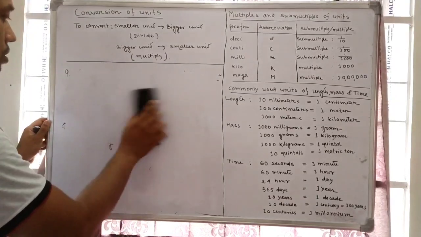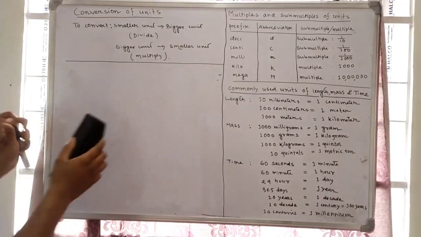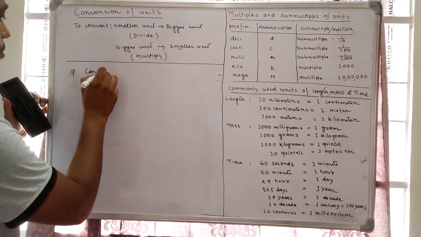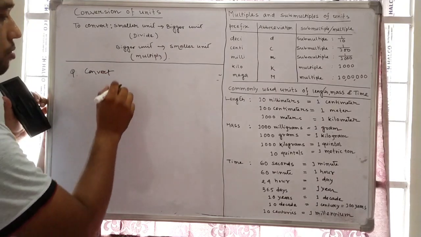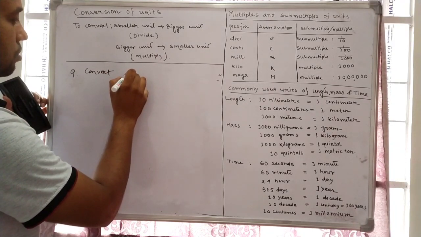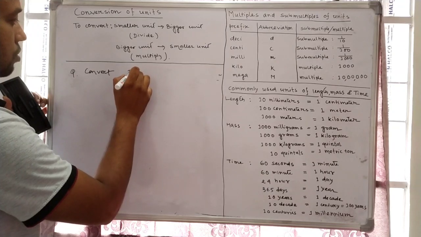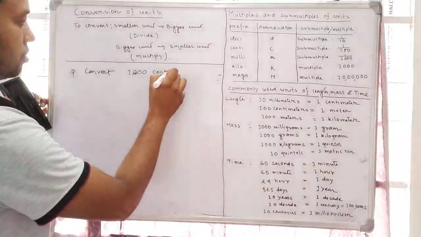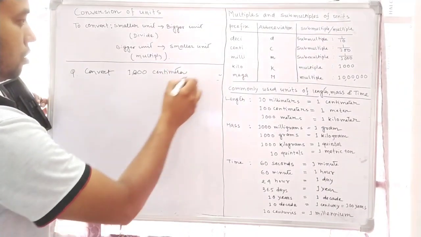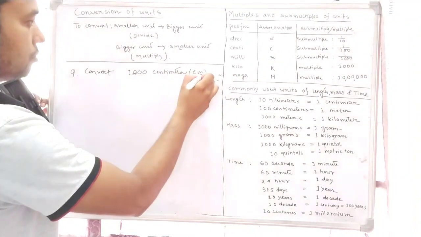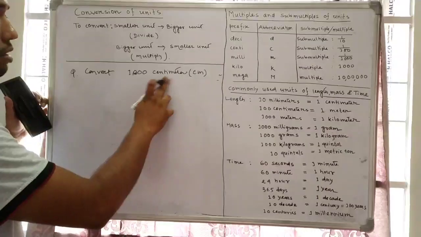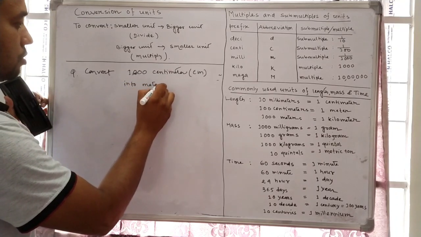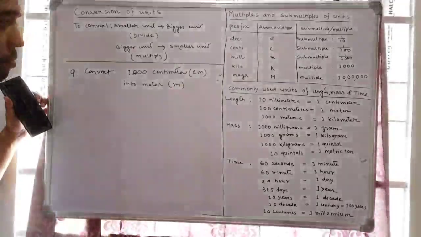Let's take another example. Convert 1000 centimeter, or centimeter can also be written as cm. Okay, c for centi, m for meter. Centimeter into meter. Meter can be simply written as m.